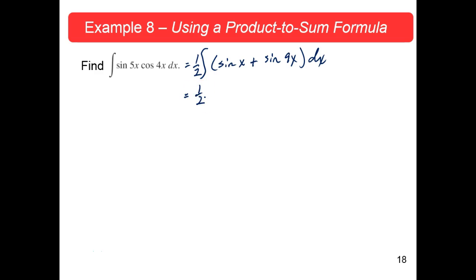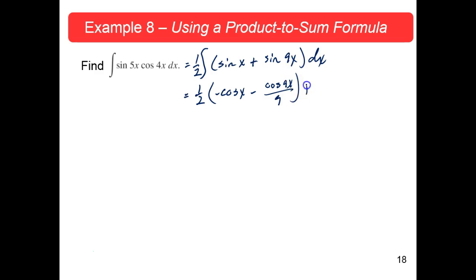So we have 1/2. What's the antiderivative of sine x? Negative cosine x. And what's the antiderivative of sine 9x? Negative cosine 9x. But then you have to undo this chain rule. If you're taking derivatives, you multiply. Integrating, you divide.